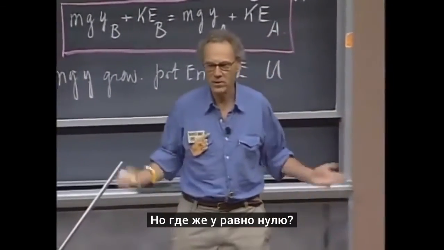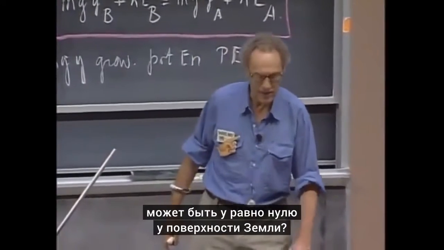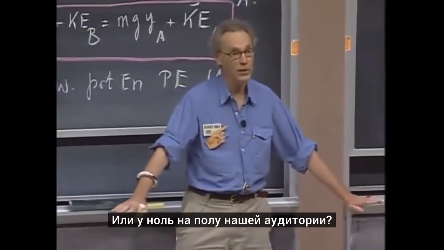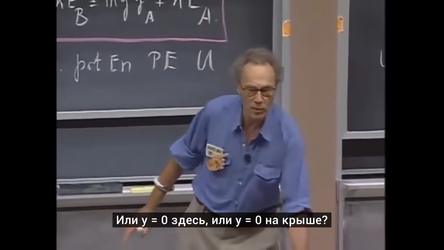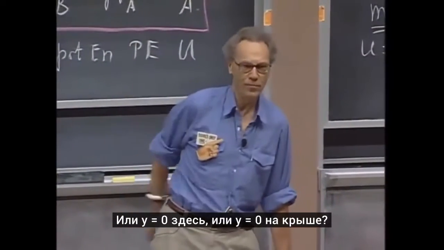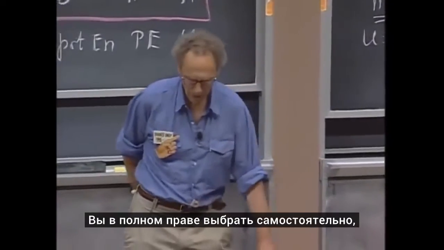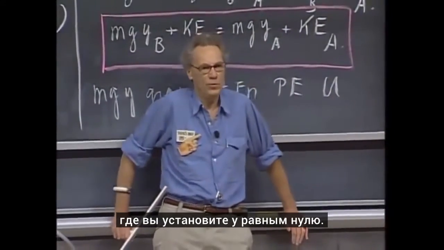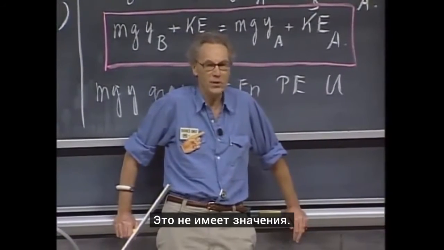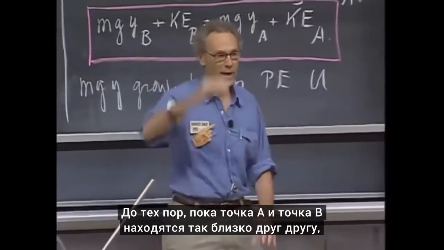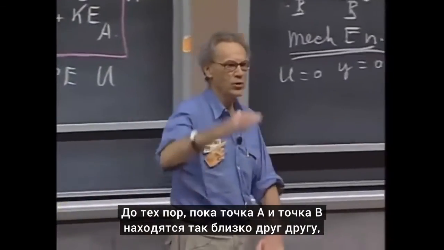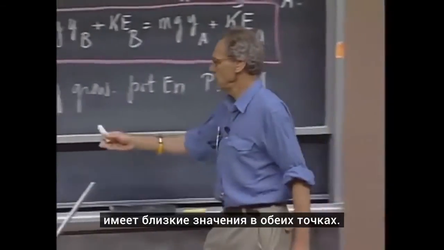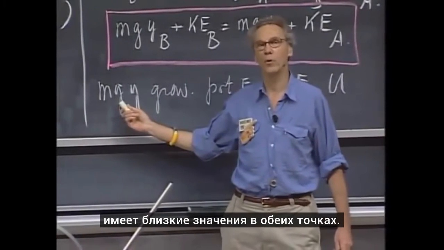But where is y zero? Is y zero at the surface of the Earth? Or is y zero at the floor of 26,100? Or is y zero here? Or is y zero the roof? Well, you are completely free to choose where you put u equals zero. It doesn't matter, as long as point A and point B are close enough together that the gravitational acceleration, g, is very closely the same for both points.